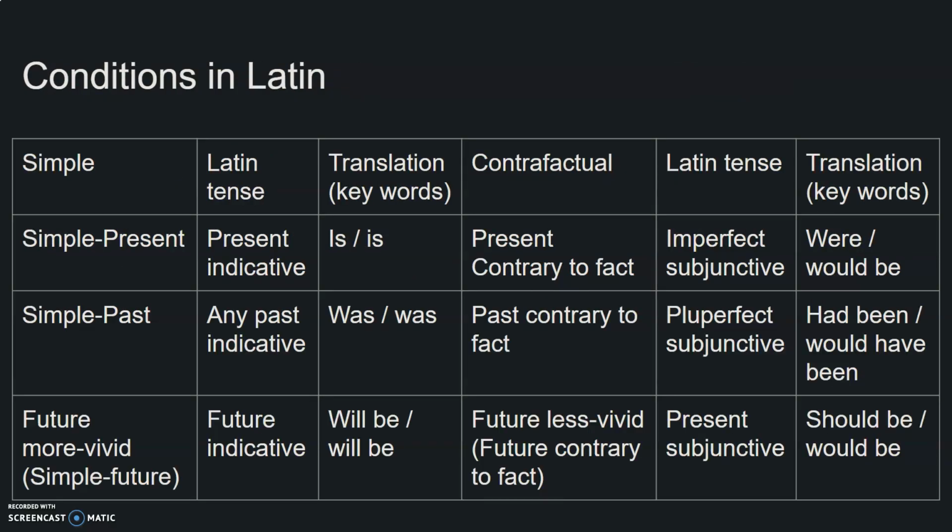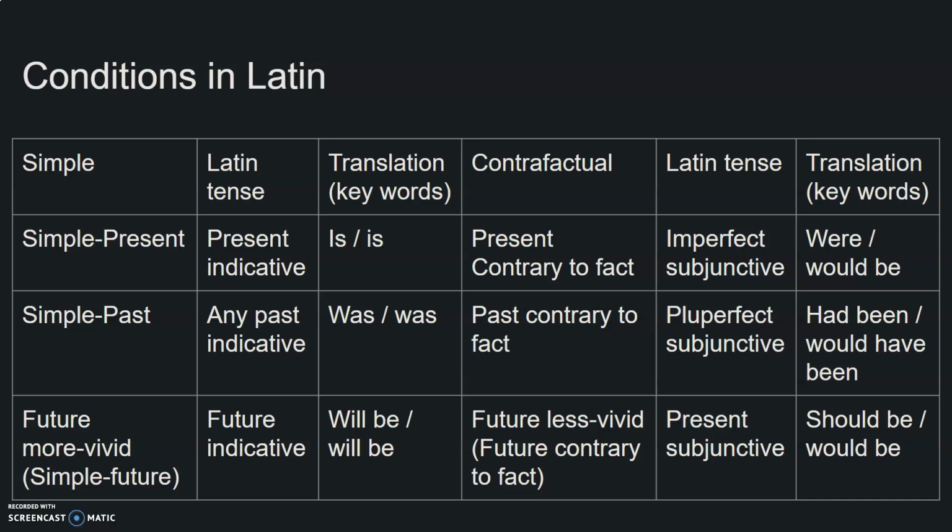Alright, really quick again. The great thing about conditions in Latin, just as a quick overview, is that both parts of the condition, both the if clause and the main clause, will have the same tense in normal Latin conditions. The same tense and mood.